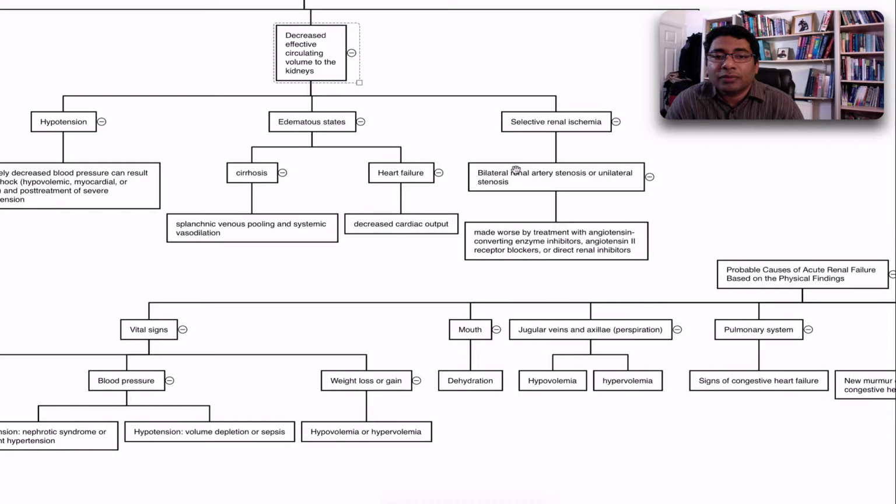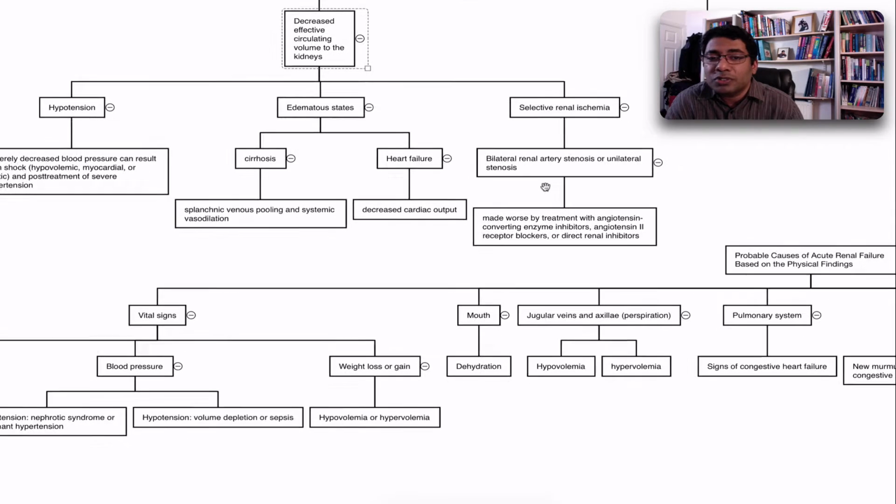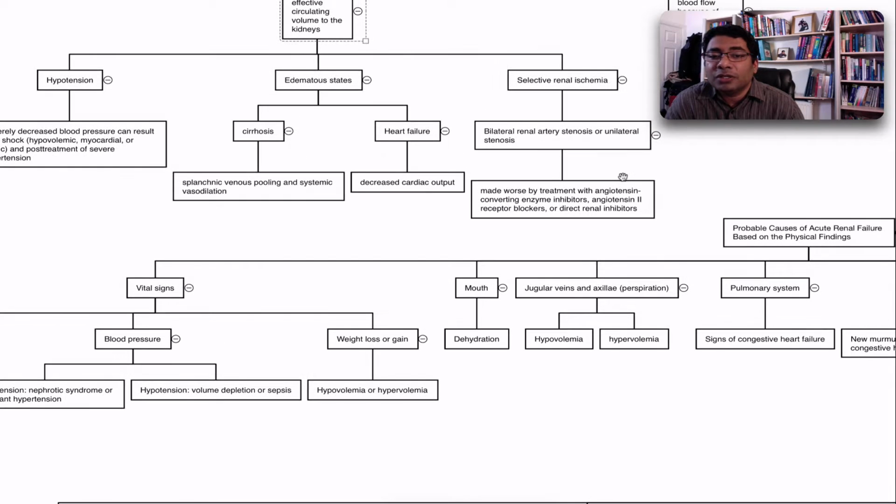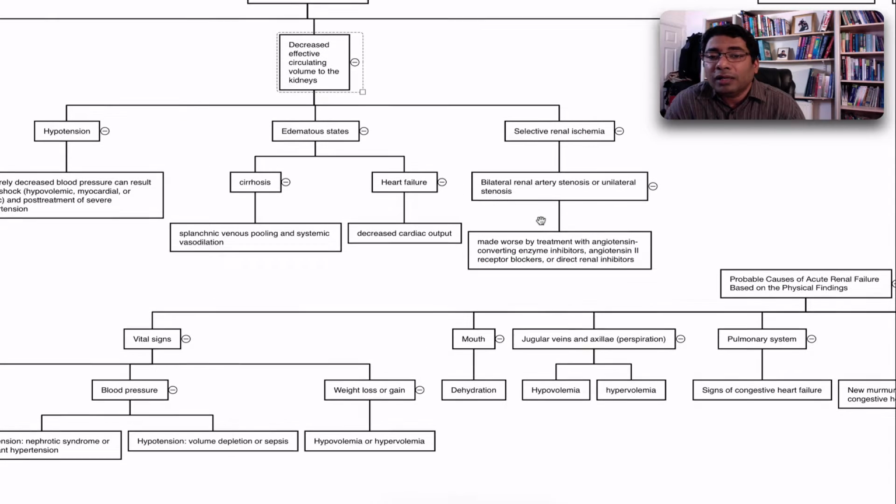Selective renal ischemia, as in bilateral renal artery stenosis or unilateral stenosis, made worse by treatment with angiotensin converting enzyme inhibitors or angiotensin 2 receptor blockade or direct renin inhibitors.